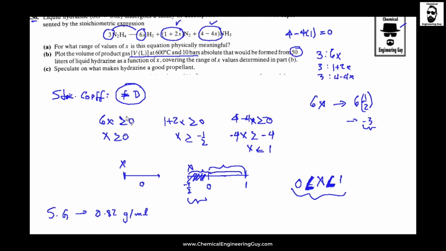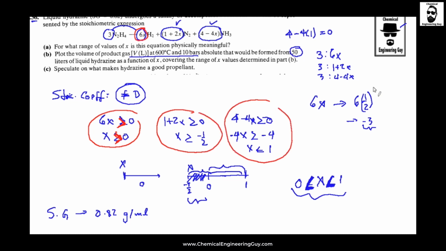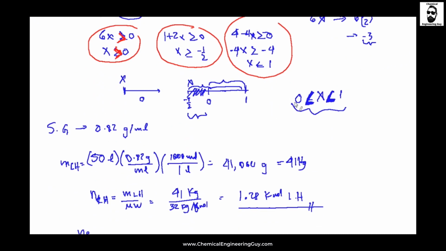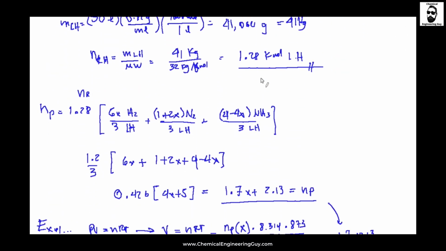Why I use these values is mathematical. You know that this here must be bigger than 0, so you get X must be bigger than 0. And then you use the same logic here and the same logic here. Eventually you get to the conclusion that X must be between 0 and 1. And then using specific gravity, we calculate the amount of moles in the liquid hydrazine.